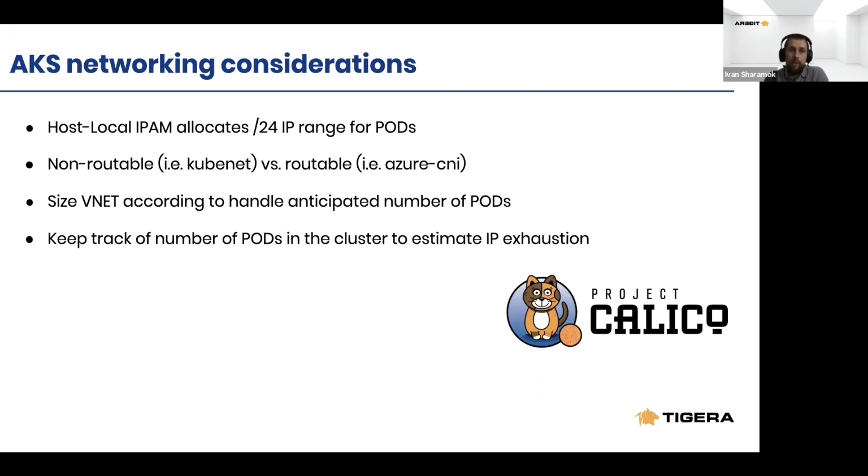The VNet size, especially when using Azure CNI, you need to be aware of how to size the VNet properly so that you do not run into a situation with IP exhaustion, or keep track of how many pods you're running in the cluster to make sure that you're staying ahead of that.